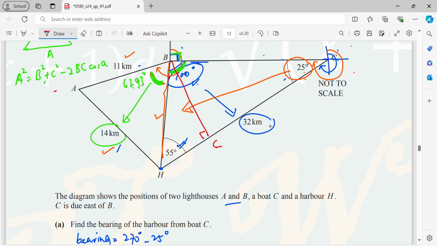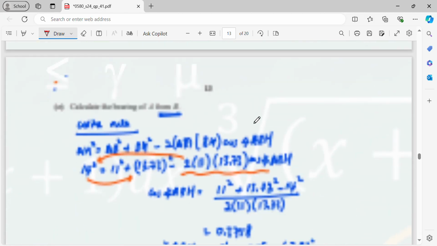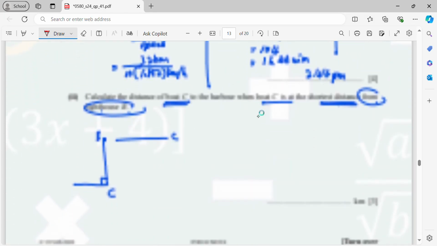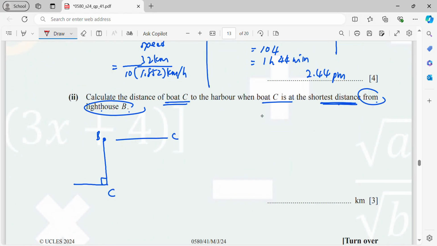I know that the angle at H remains as 55 degrees. Now we need to find the distance from C to H, so I need to find out CH, right?